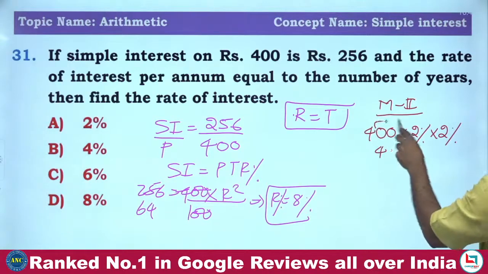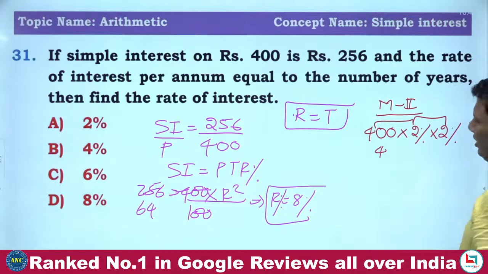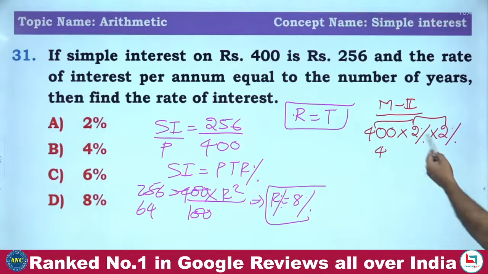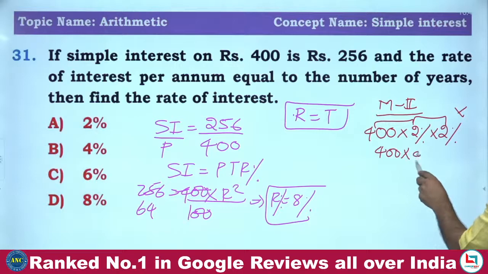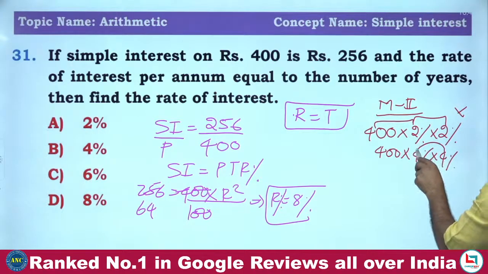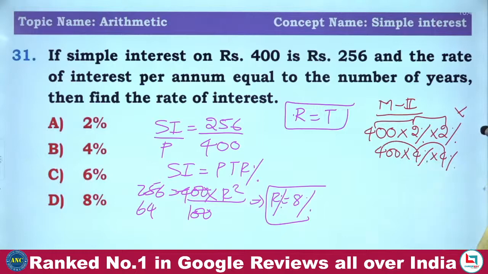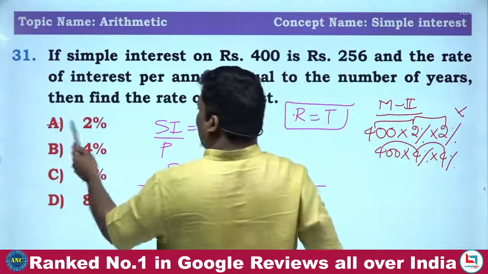So 4 into 2, 8, 8 into 2, 16. 6 and 6, it is matching. But the value is close to, not 256. So this is incorrect. Second option, 400 into 4 percentage into 4 percentage. 4 fours are 16, 16 fours are 64. 256 unit digit is 6. It is not matching.